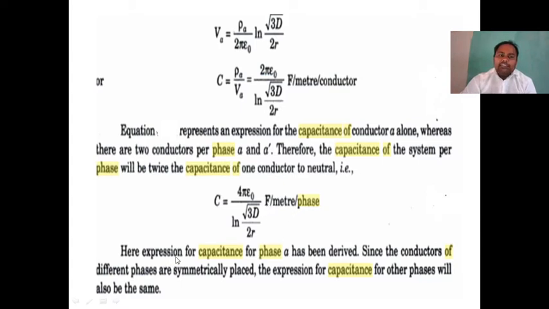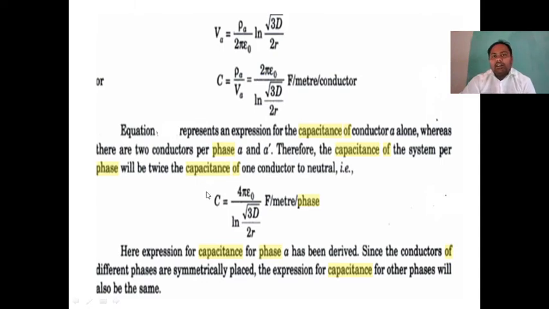So here the expression for capacitance for phase A has been derived. Since the conductors of different phases are symmetrically placed, the expression for capacitance for the other phases will also be the same. So this is the expression for hexagonal spacing.